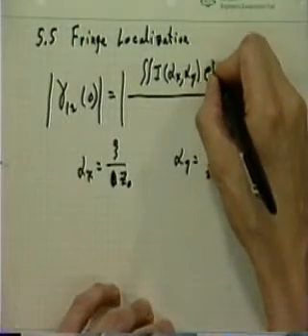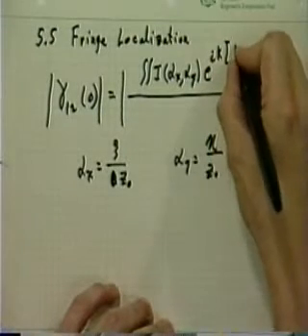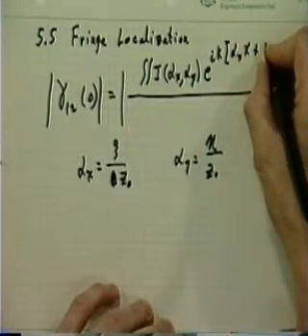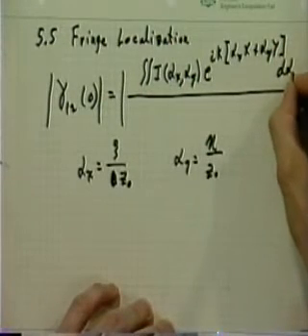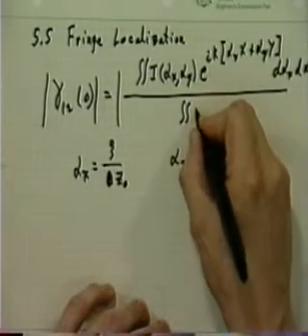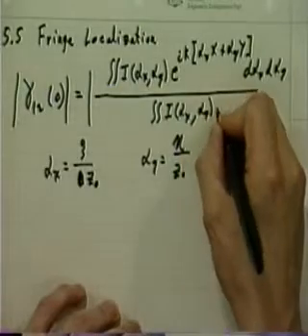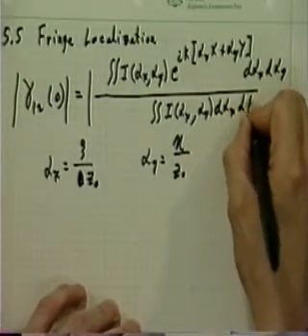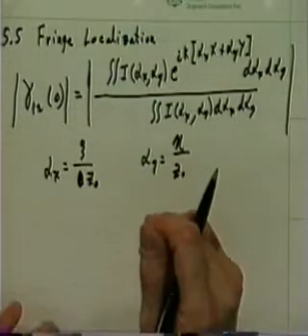And so that's e to the i k, alpha sub x x plus alpha sub y y, d alpha sub x d alpha sub y. And then integrating down here, normalizing it, I of alpha sub x, alpha sub y, d alpha sub x, d alpha sub y. And we'll take the magnitude of this.